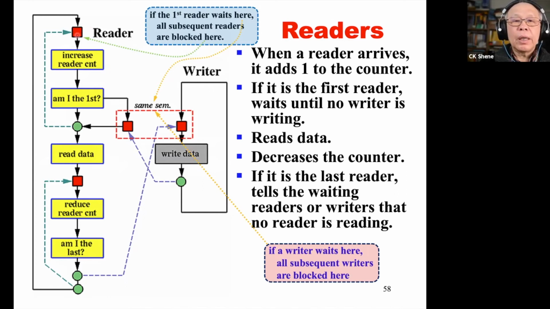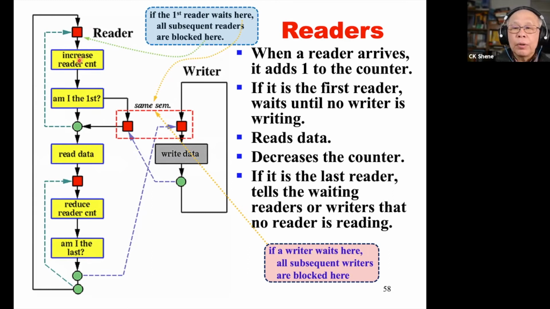This is a lock, a mutex lock. So suppose this is the first reader. Because this is the first reader, he has no difficulty passing this mutex lock. Then keep this in mind: this mutex lock is used to protect the reader count.